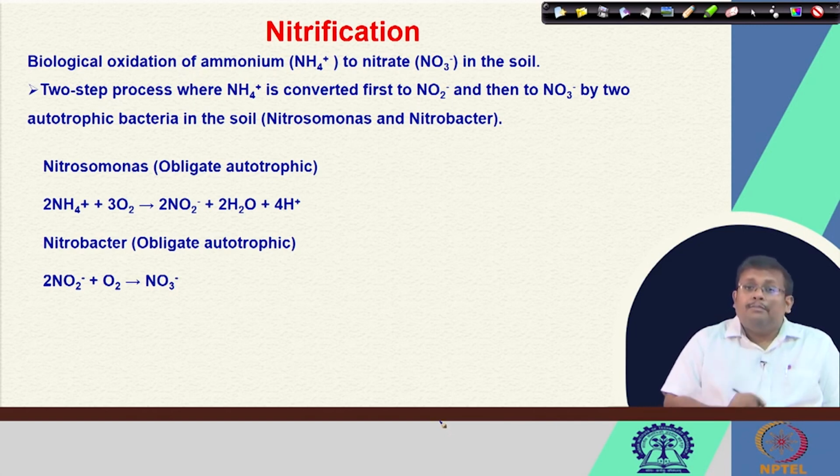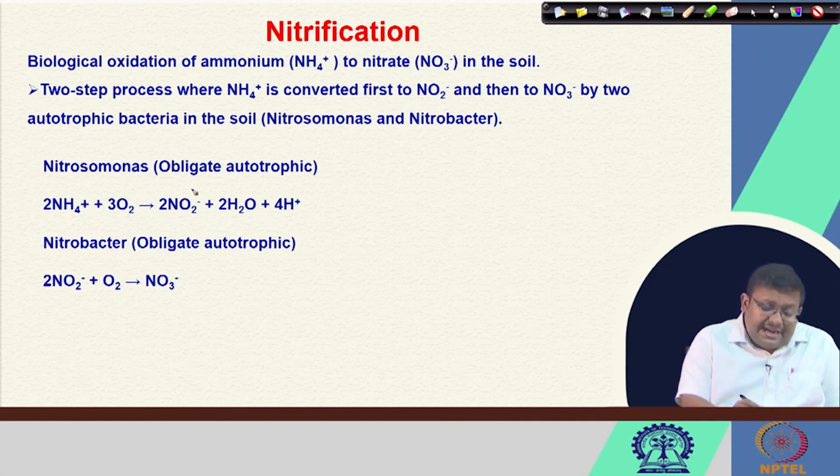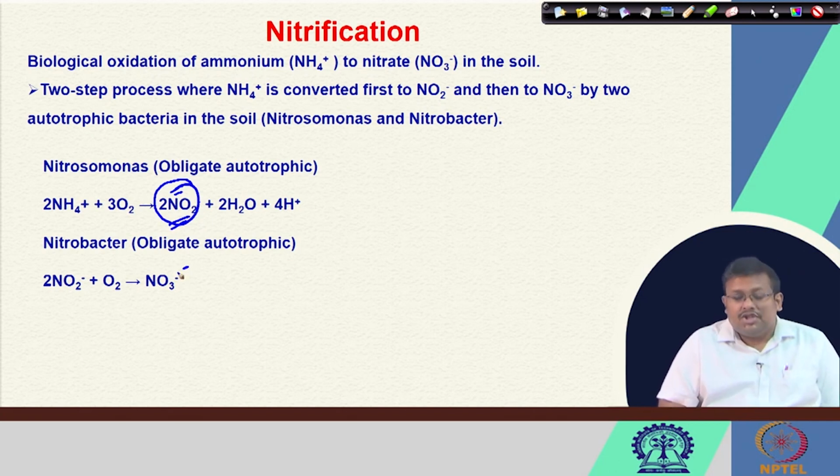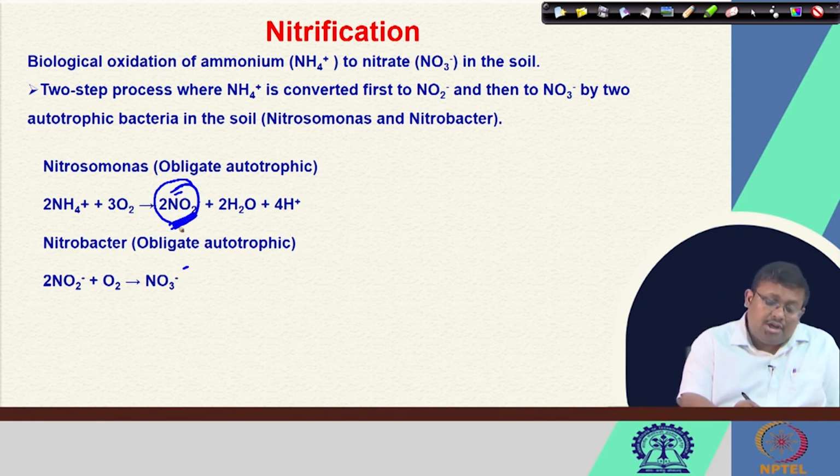And one more important thing is this nitrite, which is an intermediate product in this whole nitrification process. It is very short lived and toxic in nature for plants also, but fortunately it gets converted to nitrate very fast. So, that is why there is no accumulation of nitrite in the soil.